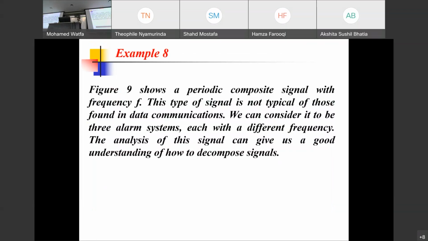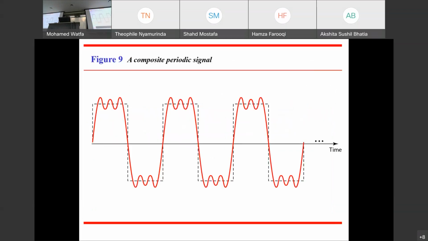So let's look at an example of a periodic composite signal. A periodic composite signal could be an alarm system, whatever it is. You agree this is periodic? Very obvious, periodic. And of course, it's not a sine wave, it's a composite, right? Even for me, if I look at this, I have to be a genius to know what the original was.